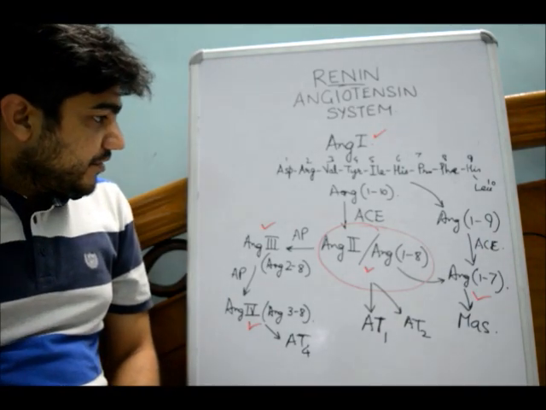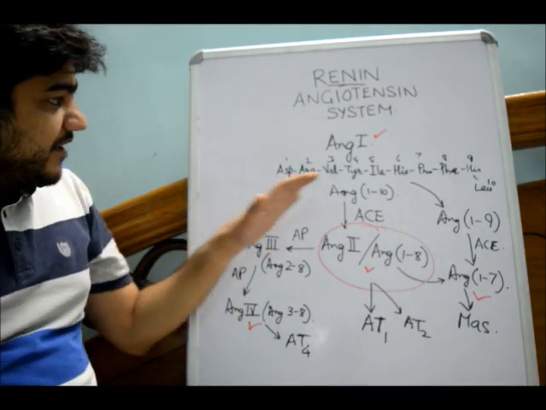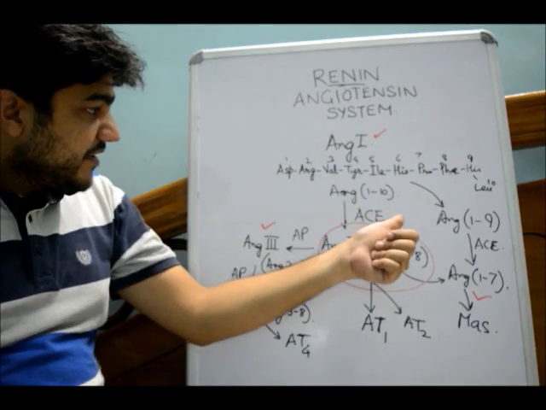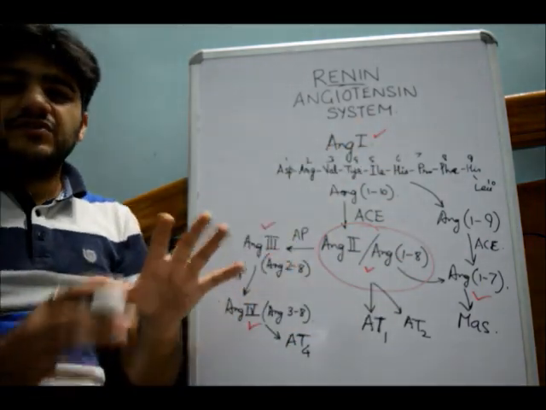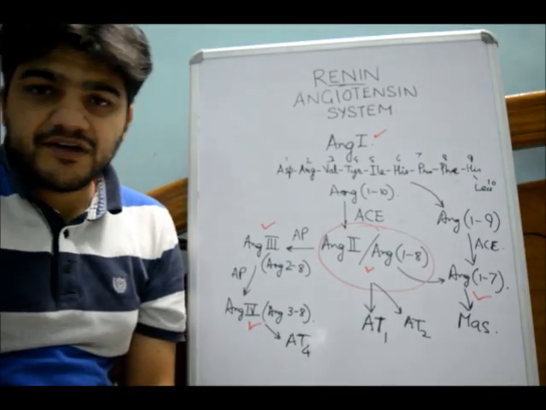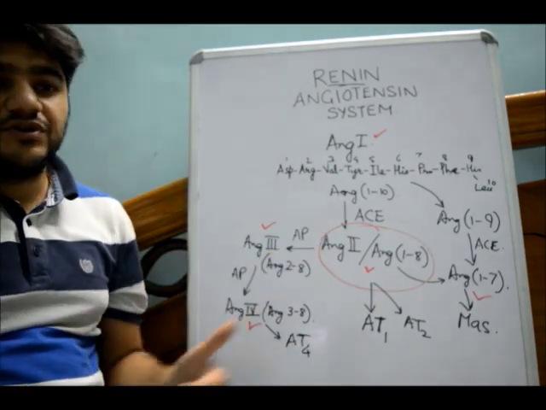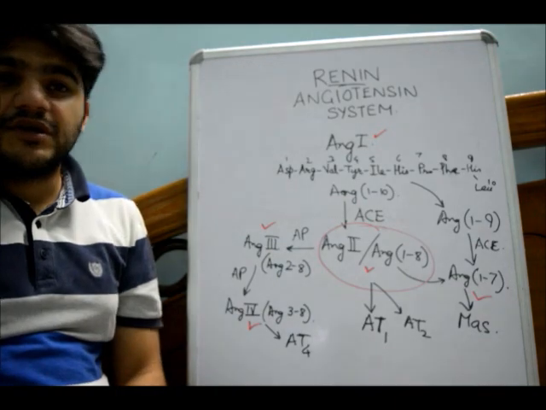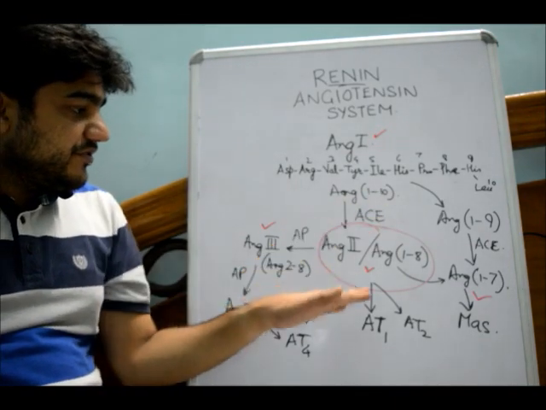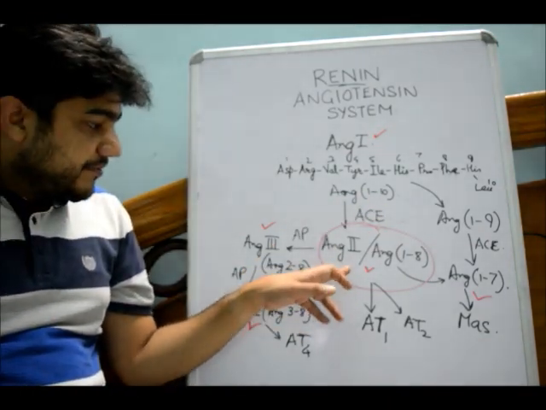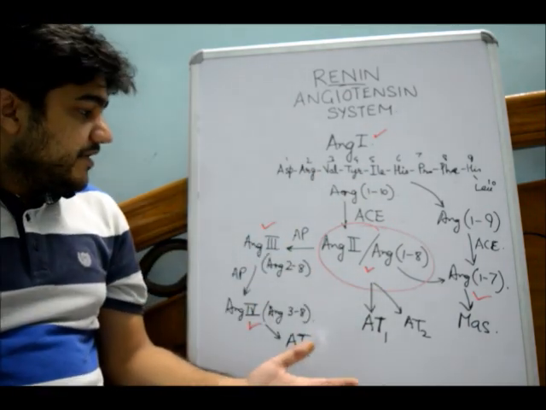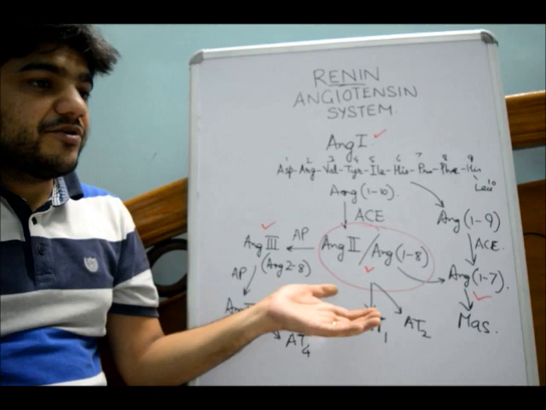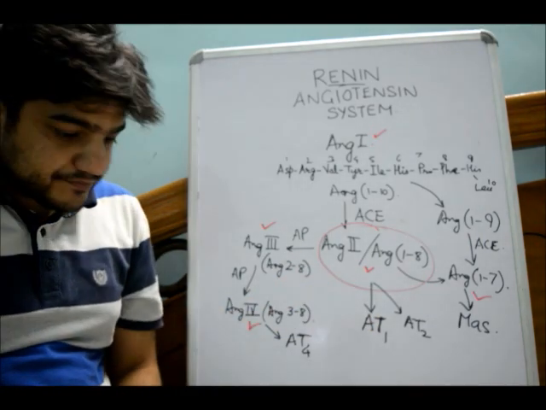So now we have some idea about angiotensin 1 and angiotensin 2. Angiotensin 1 is not very effective. It has to be converted into angiotensin 2 before becoming effective. So angiotensin 2 is the most important agent formed in this process, and it is responsible for the hypertensive effects.